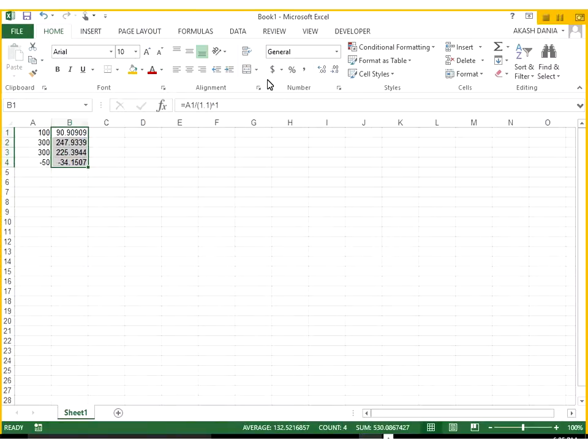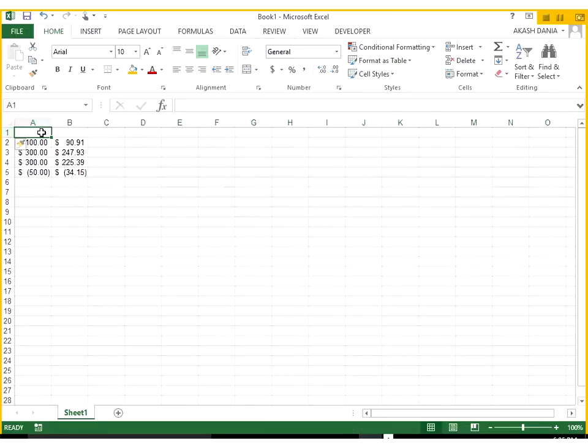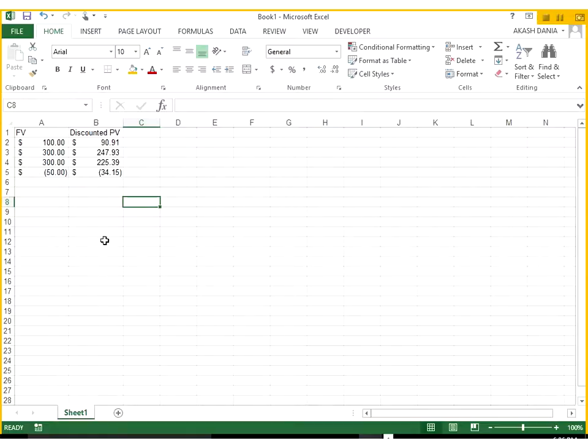So what we can do is, let me see if I can put a dollar sign here so that it will be very easy to understand. So this is in future terms, and that's the present value. So this is the future value, and this is the discounted present value.